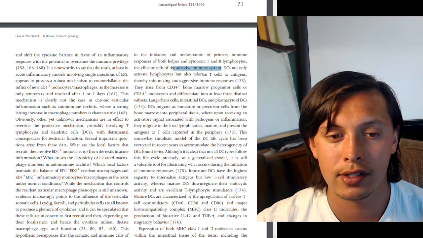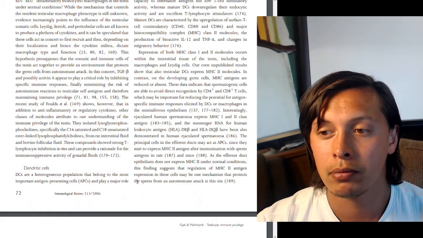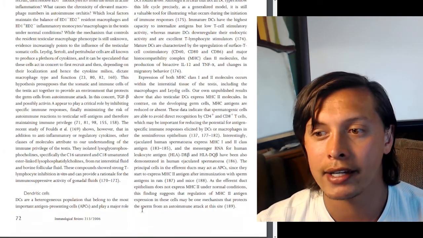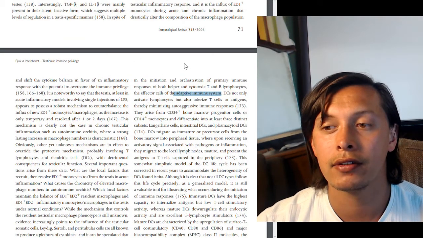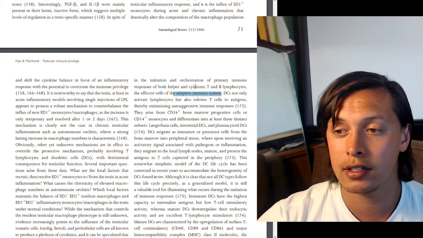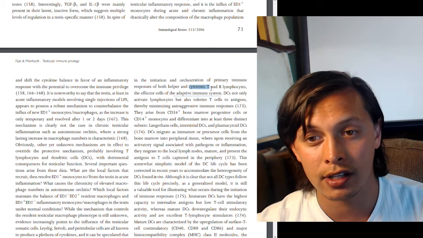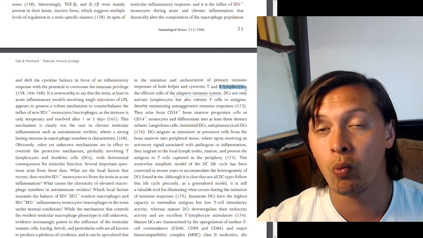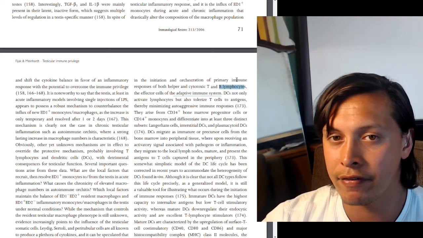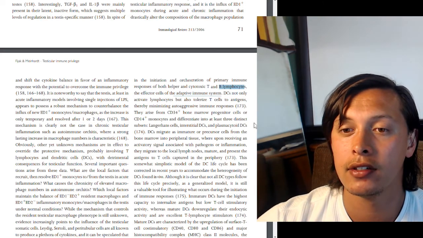So these dendritic cells present antigens on their surfaces and are what tell the cytotoxic T and B lymphocyte cells what they should go after, if that makes sense.